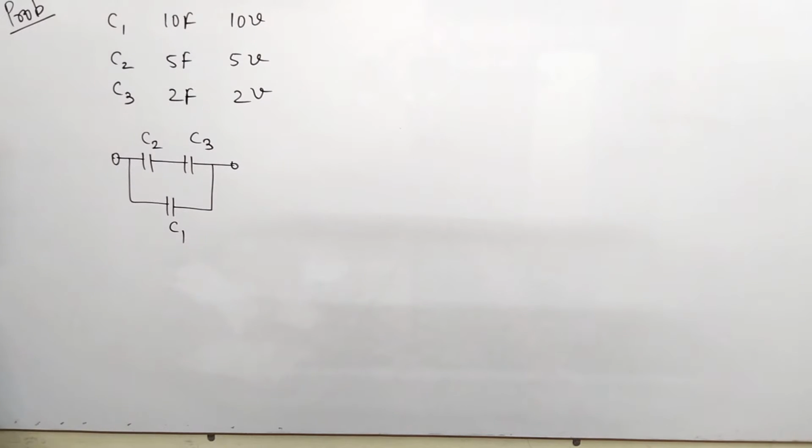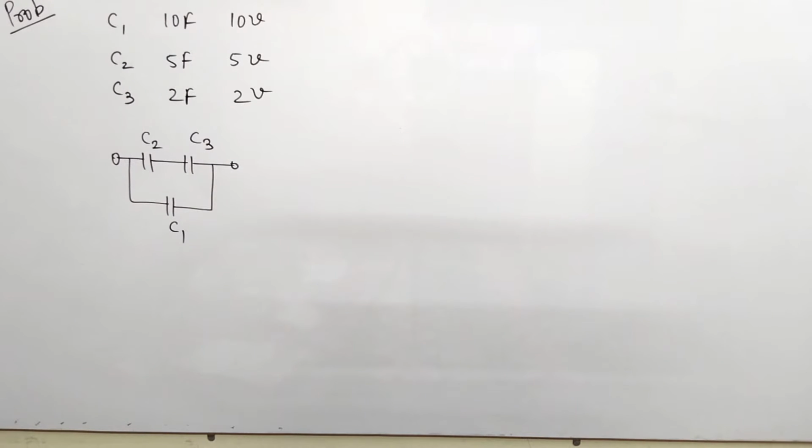So friends, this is our next problem. Please listen to the problem. This problem was asked in GATE. Three capacitors C1, C2 and C3, whose values are 10 farad, 5 farad and 2 farads respectively, have breakdown voltages of 10 volt, 5 volt and 2 volt respectively.